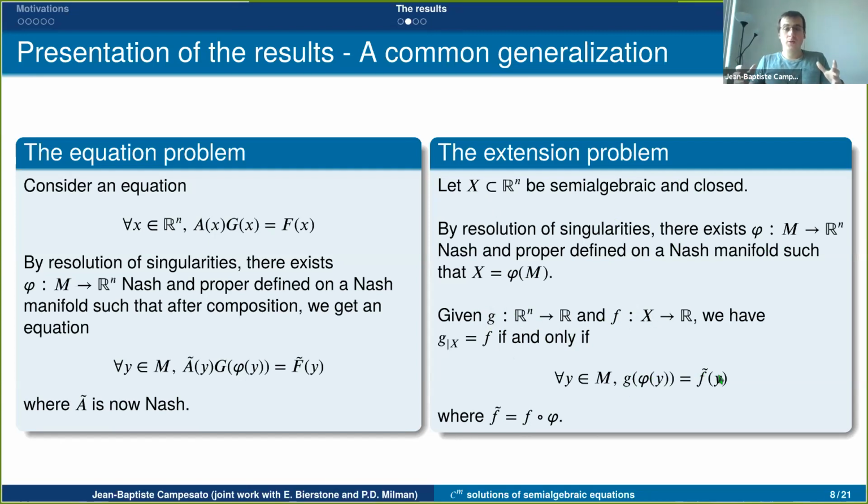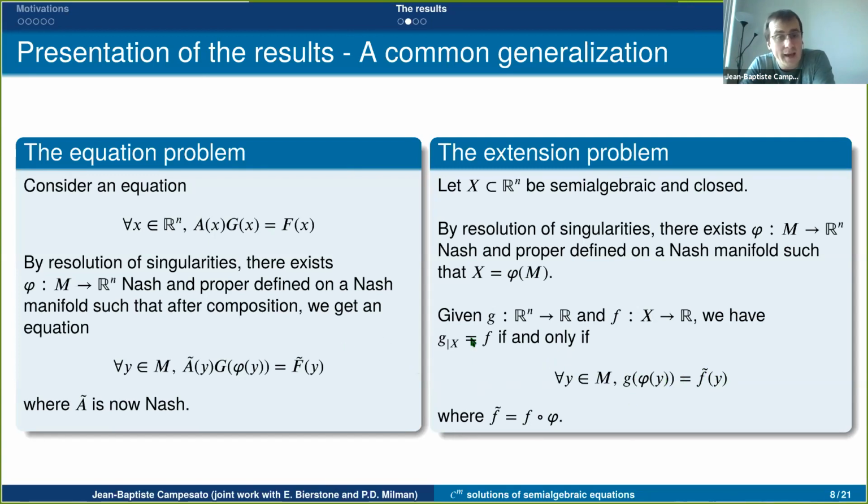Indeed, the image of phi is exactly X. So to check that G coincides with f on X, it's enough to check that G composed with phi coincides with f composed with phi everywhere on M. So I just replace f composed with phi by this f tilde, and what we can notice is that we get an equation which is very similar to the previous one.